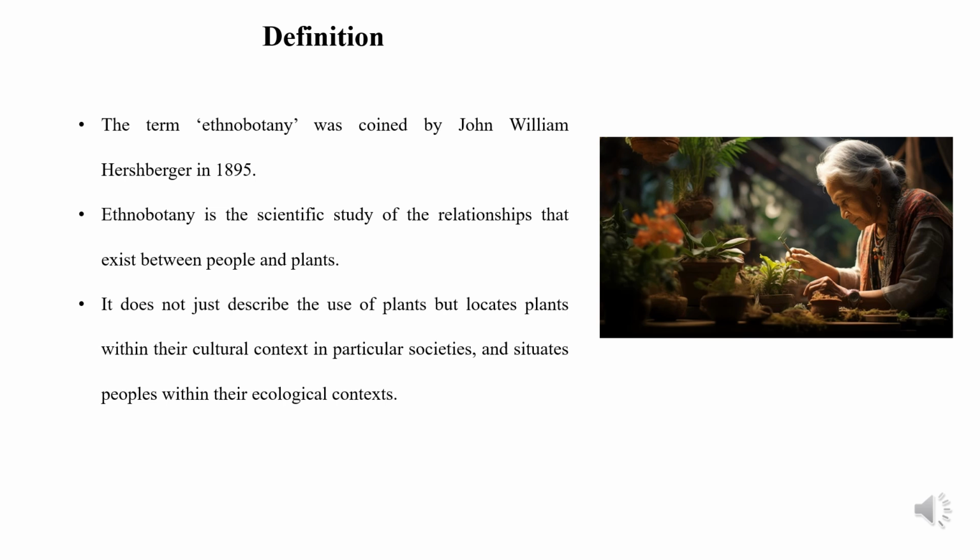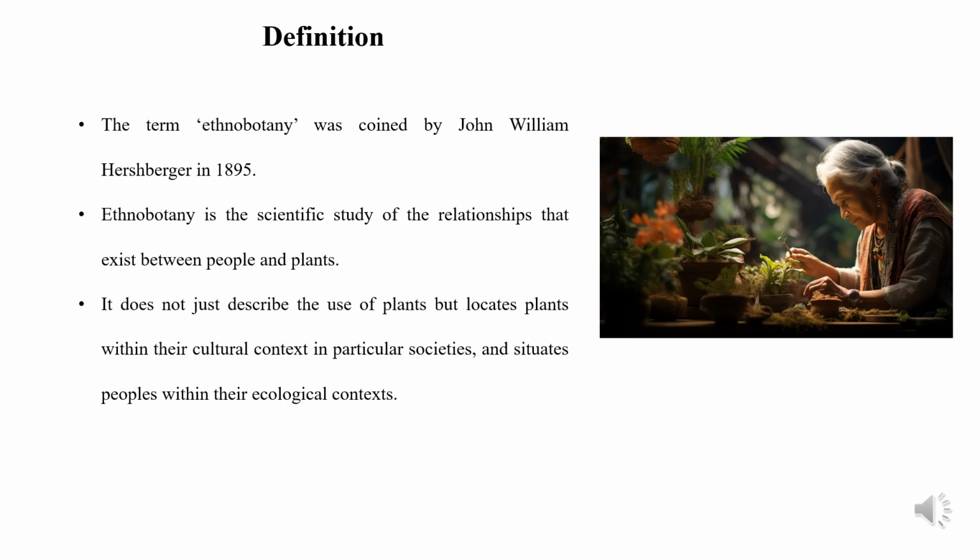Ethnobotany has led to the discovery of many medicinal plants that have produced life-saving medications and therapies. For example, drugs like quinine, cocaine, digoxin, and taxol have been discovered from plants through ethnobotanical research.